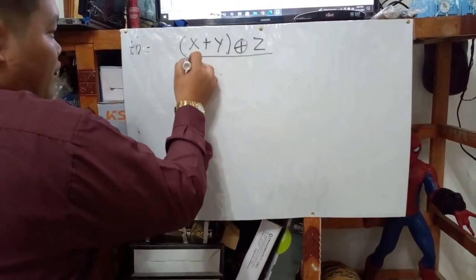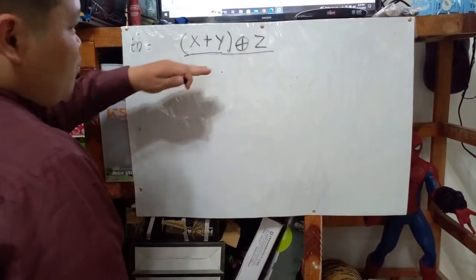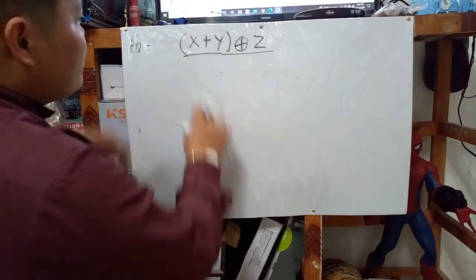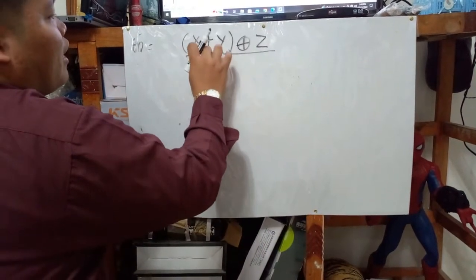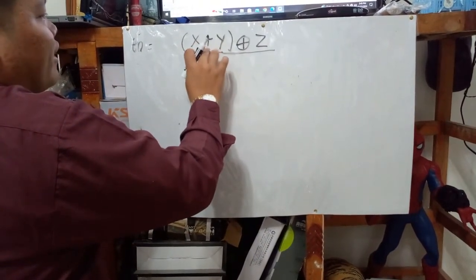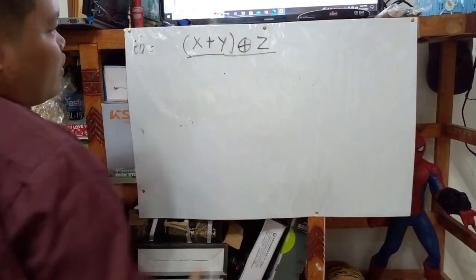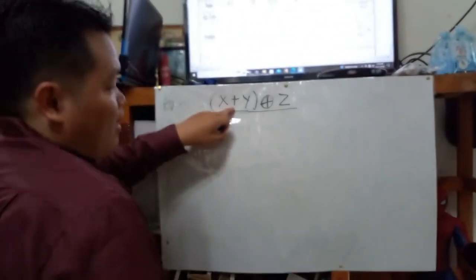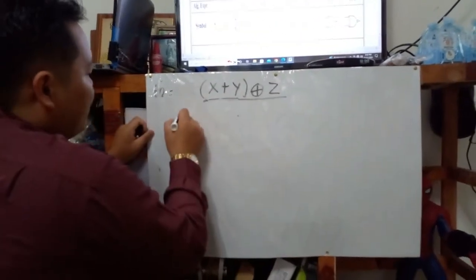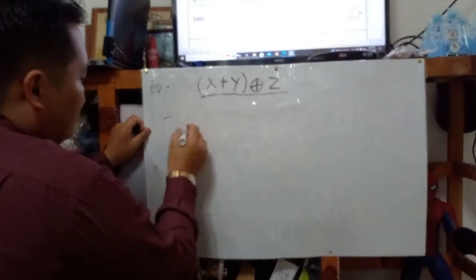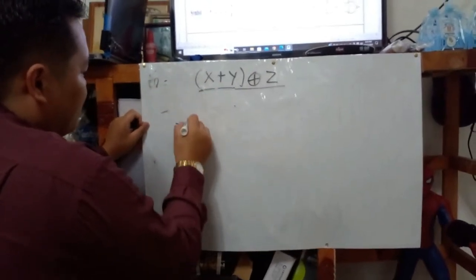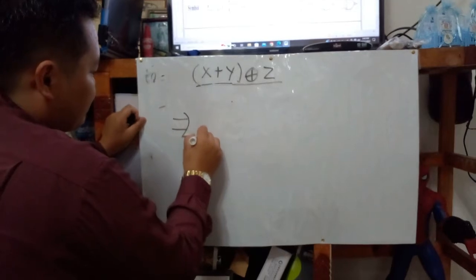So x plus y, mao na ang first step nimo. Unsa man ning logic gate ginagamit? So meaning it is OR nga logic gate. So draw kag OR nga logic gate diha. So this is your OR.